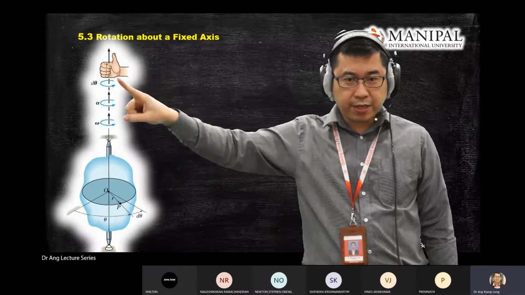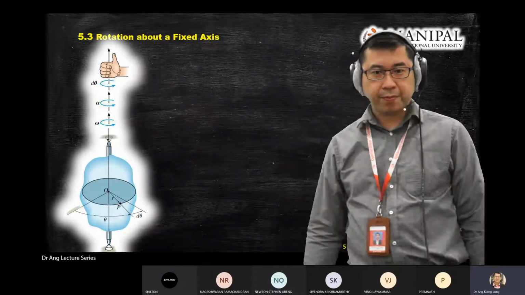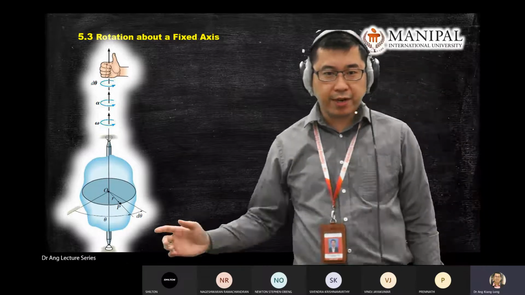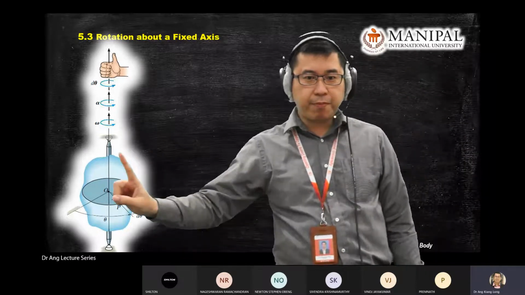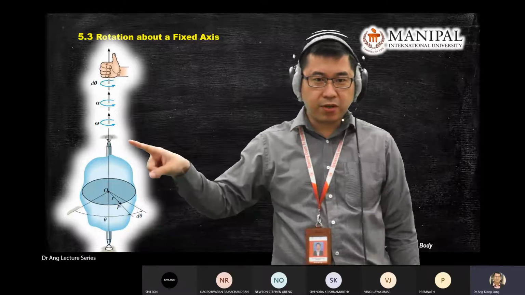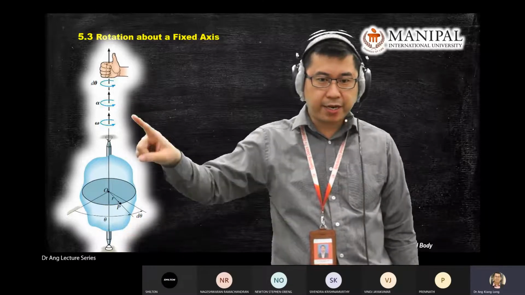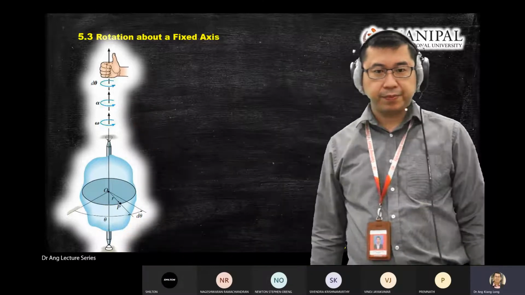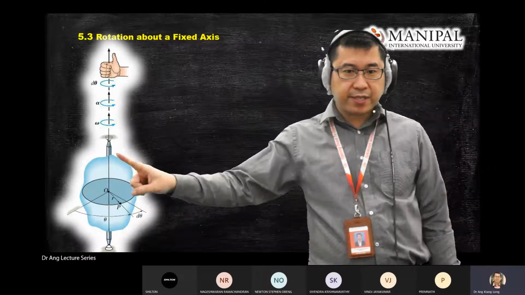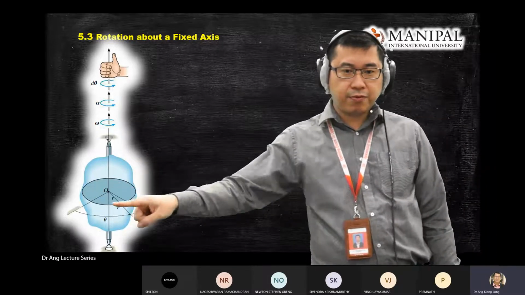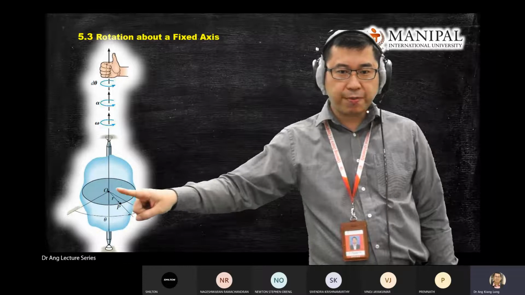Look for the center of the axis. So on this diagram, let's say we have one body rotating on this plane here. And then we find the center of the body. We label it as O.